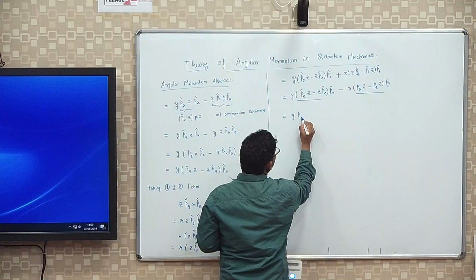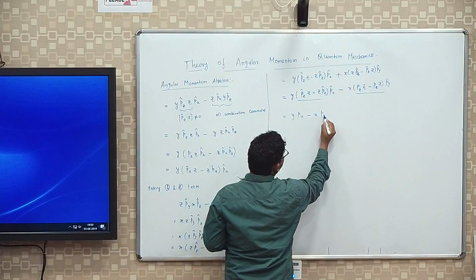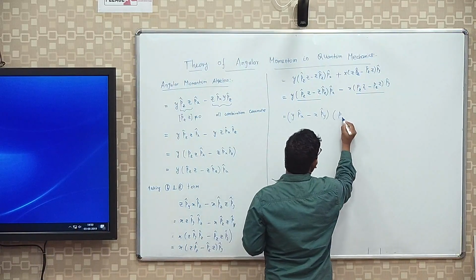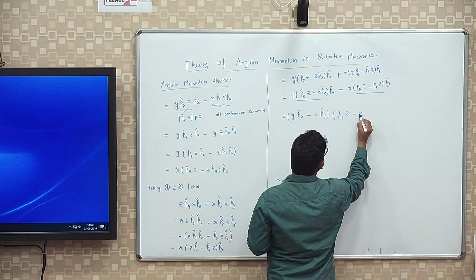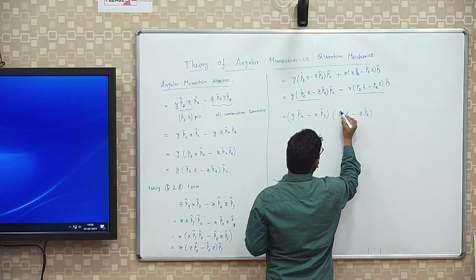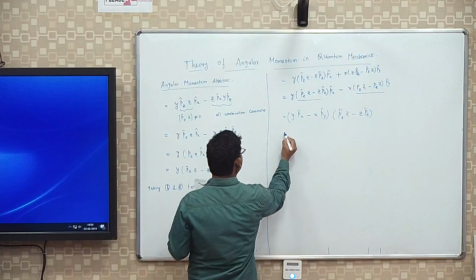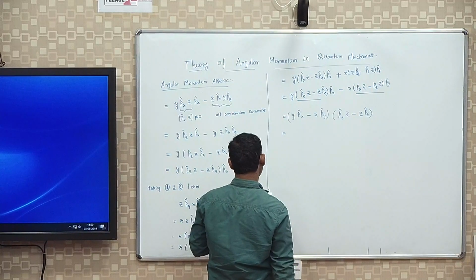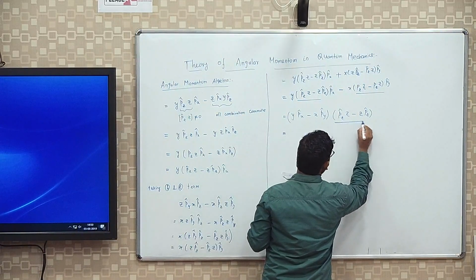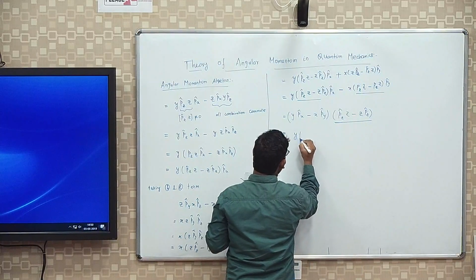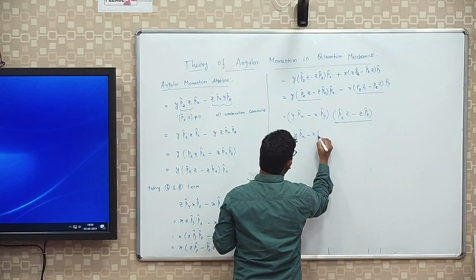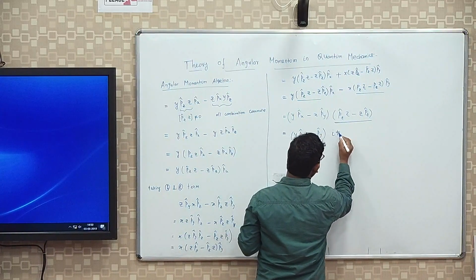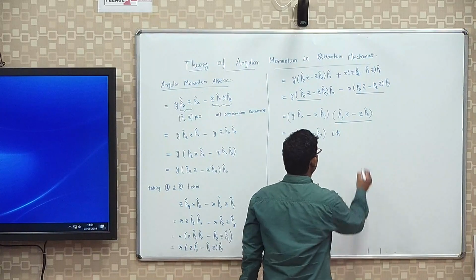Y px minus x py. Pz minus z pz can be simplified. So further, this term is nothing but i h cross, the commutation of these two terms.